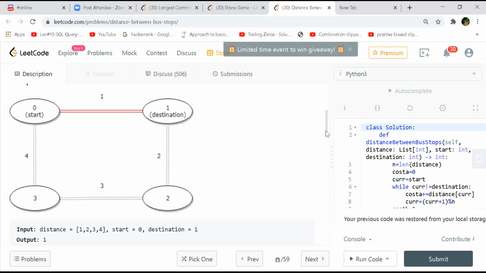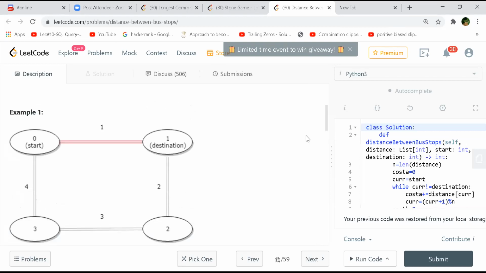We are always given the start and destination, and the only thing is we have to find which one will take the minimum. The bus can go in both directions.